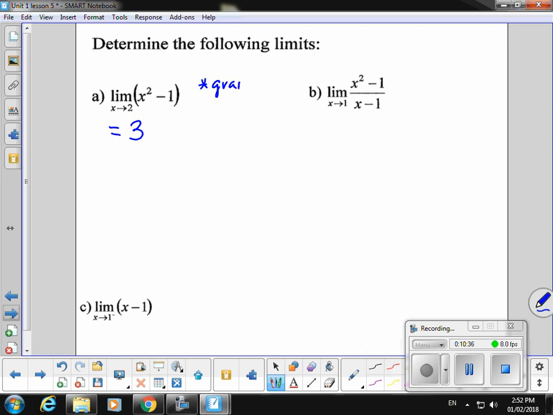Since the graph is defined and continuous, let's put that in red for danger. We can do direct substitution. That is always the easiest. Please don't forget to try that.